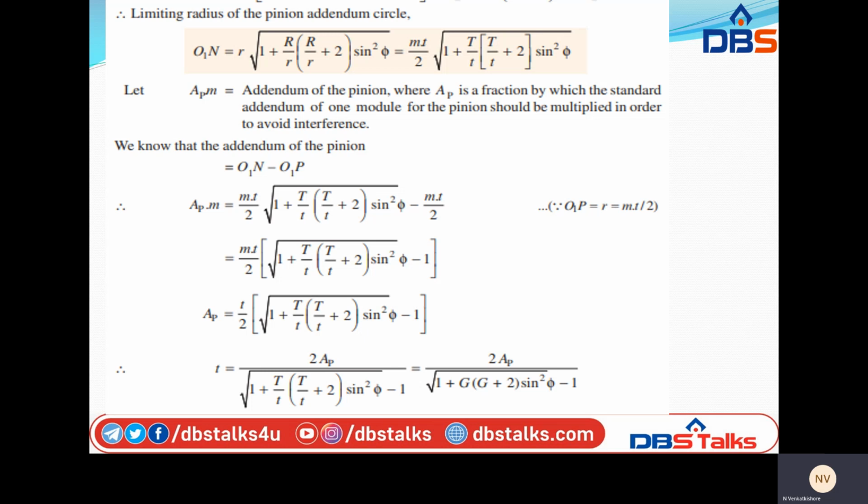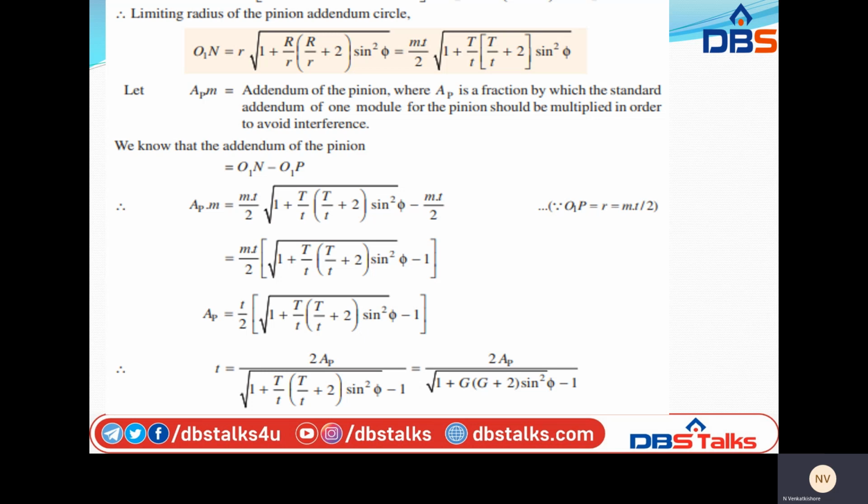Then what is capital R by small r? That is called the gear ratio, and we can write it in terms of the number of teeth. So O1N is equal to r, where we already noted r is the pitch circle radius of the pinion.